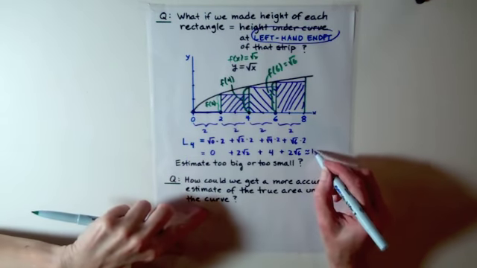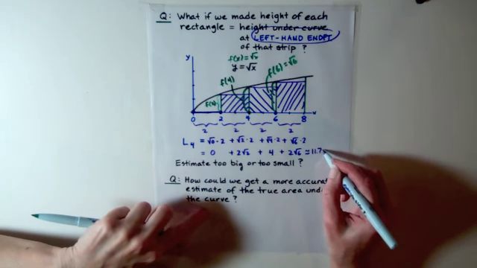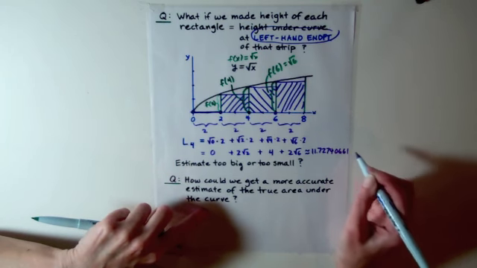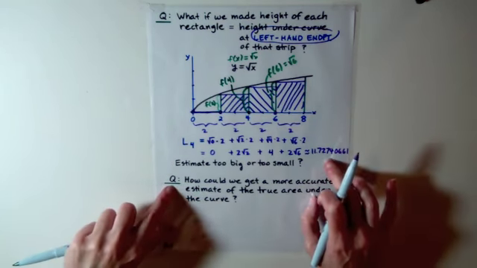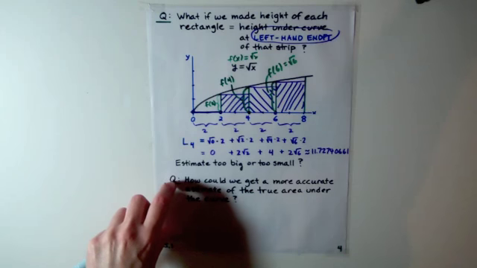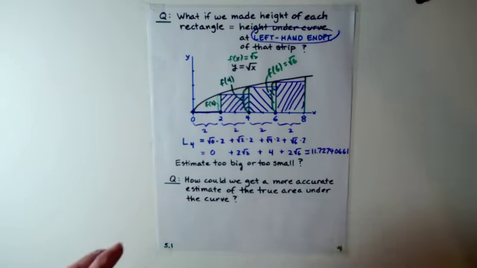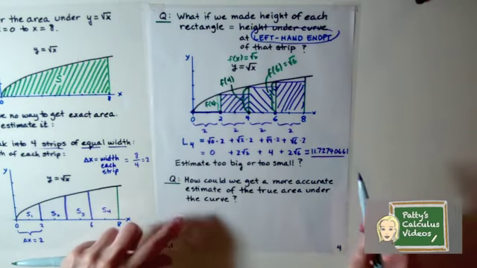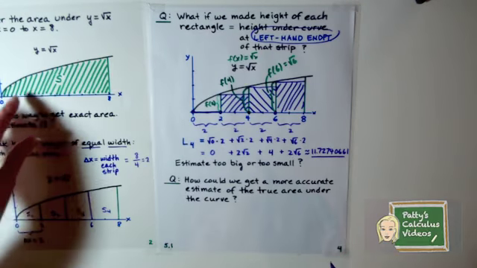I get approximately 11.72740661. So that's my approximation for that green area underneath the curve that we were originally trying to approximate. So this number right here is my approximation for this green area.